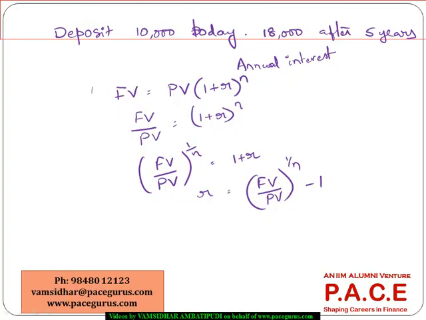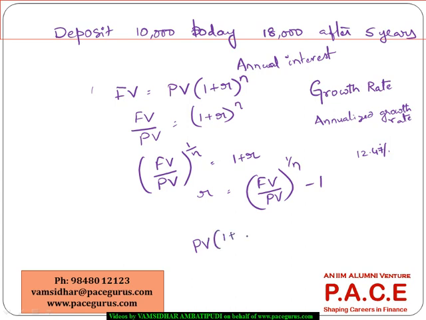per period. In some cases, for these kinds of examples, the interest rate is even called the growth rate. So the annualized growth rate, the other way I can put it, for this kind of investment example is 12.47% per year. So it's as good as saying the present value multiplied by 1 plus 12.47% to the power 5 is going to give me the future value.